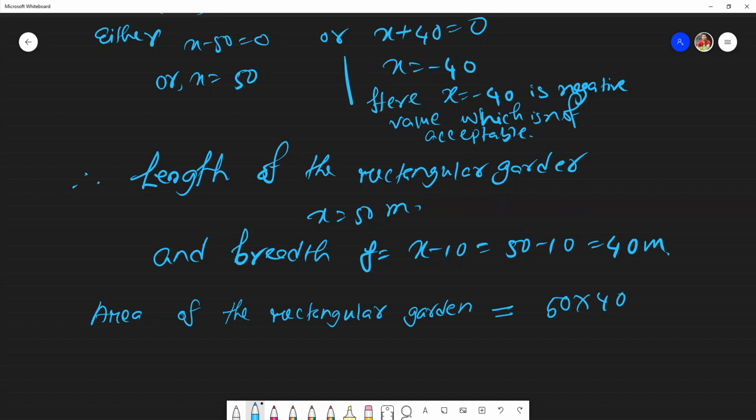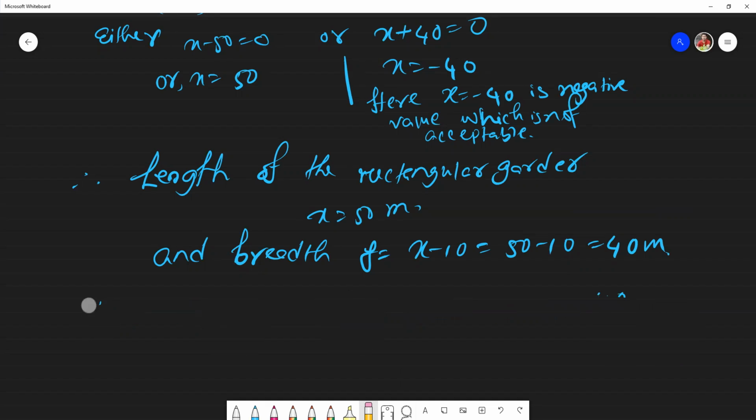Oh, the requirement is only to find the length and breadth of the rectangular garden, so this is our answer. The last line is not essential now, since the area is already given here. Just our requirement is to find the length and breadth.